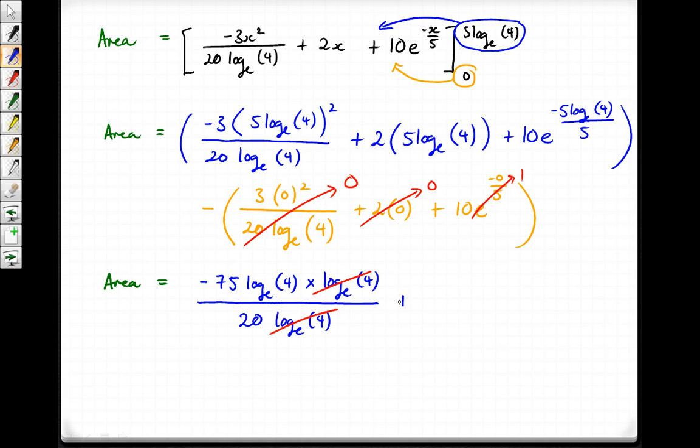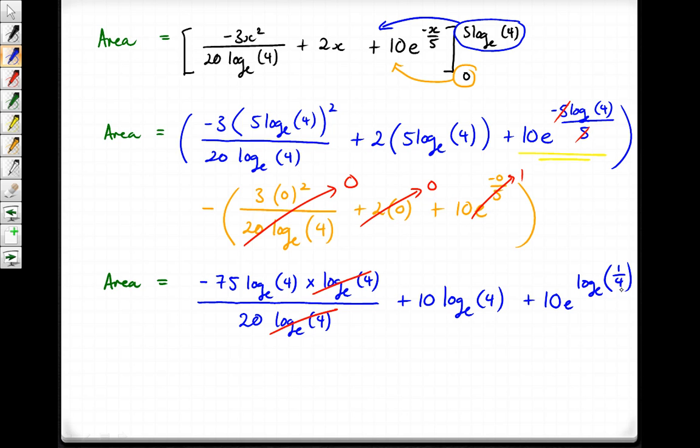Then the next part of the blue just gives me plus 10 log e of 4. And then the third term, which I'll just underline in yellow that we're up to, we can simplify that one down to 10, let me see, so the 5's will cancel for that, and we'll just be with 10e to the negative log e of 4, which I can write as plus 10e to the log e of the 1/4.